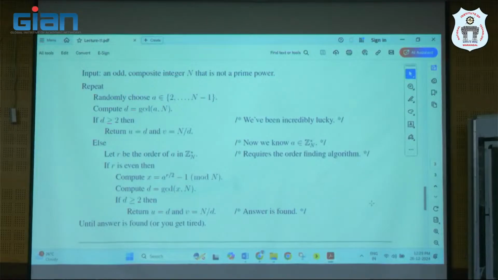Suppose I get 20, I find factor 4, I say 4 and 5, agreed. 4 I again find factors, I find 2 and 2, 5 has no factor, 5. So once I found 2, 2, 5, that is my prime factorization, correct?